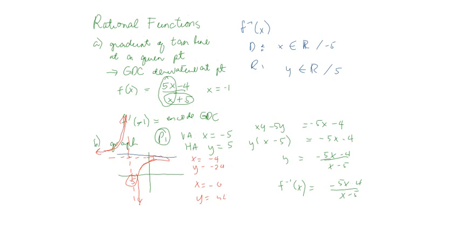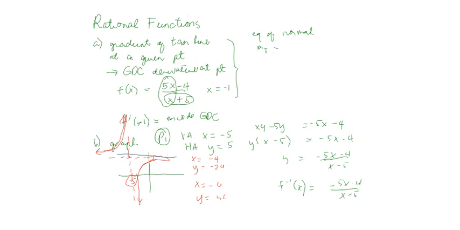Okay, in some cases, since you already have this one, you may be asked to find the equation of the normal. First, let's find the slope of the tangent using your calculator. We go to calculus and then derivative at a point. The variable is x. The value is negative 1.